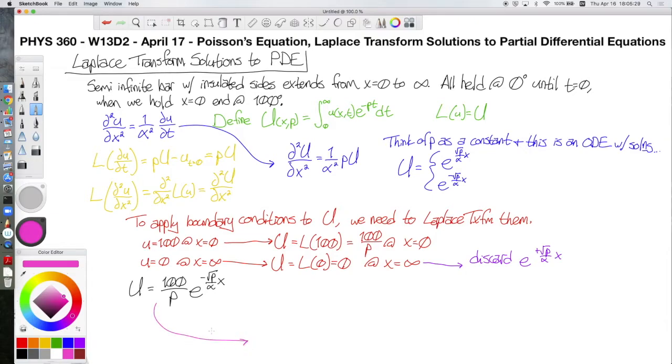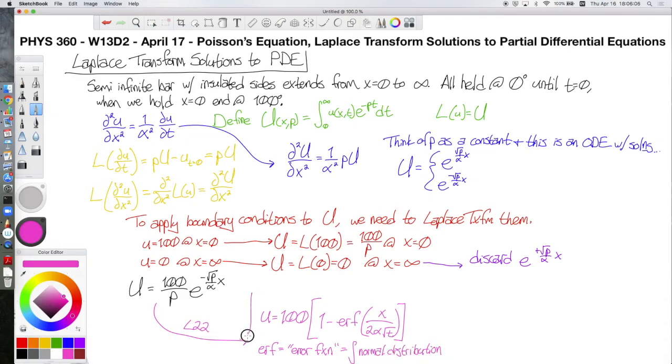We will be using the rule L22 from your table here to find that little u is going to be equal to 100 times the quantity 1 minus the error function of x over 2 alpha root t. You can look up more about the error function if you want, but this pink equation would be our final answer to this question. The error function is basically the integral of a normal distribution.